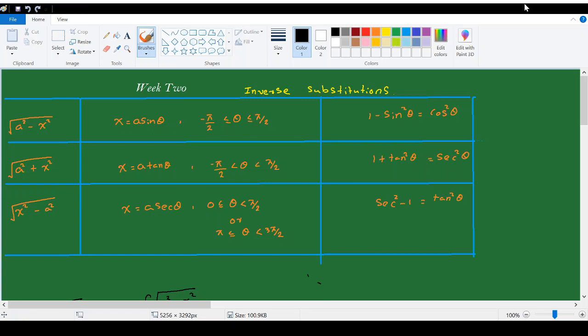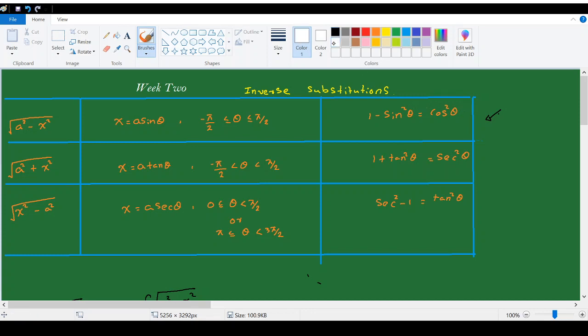Today we will discuss a special trigonometric substitution called inverse substitution. This table is a summary of the substitutions that we are going to use.